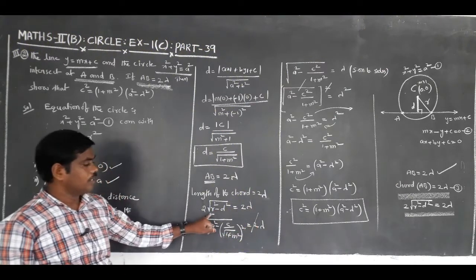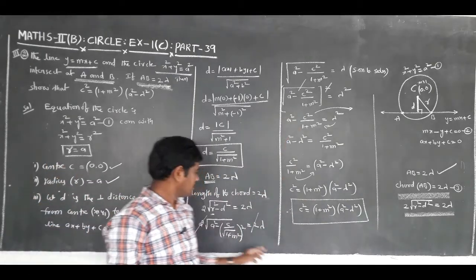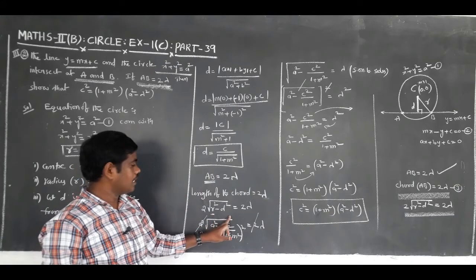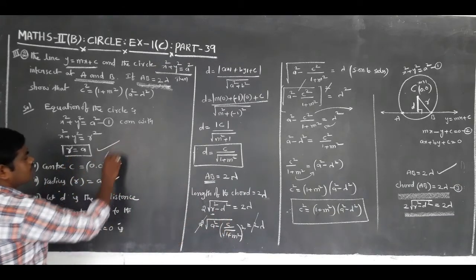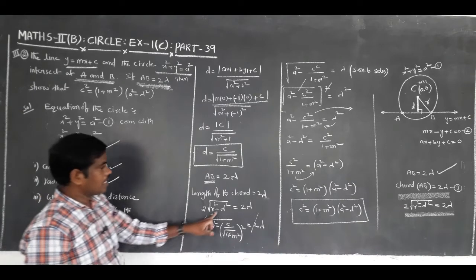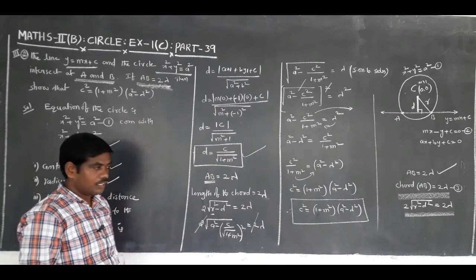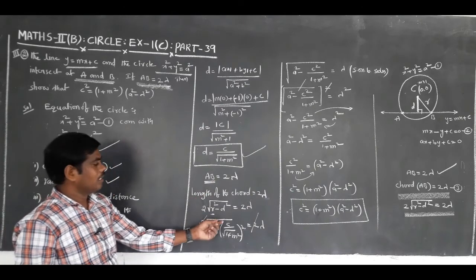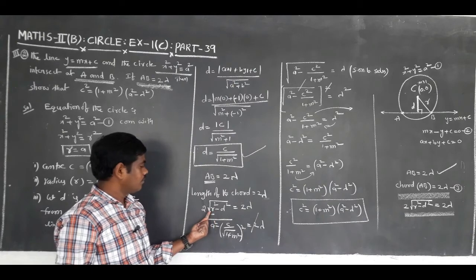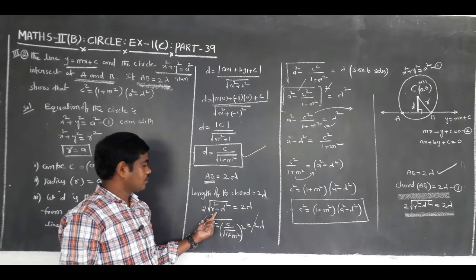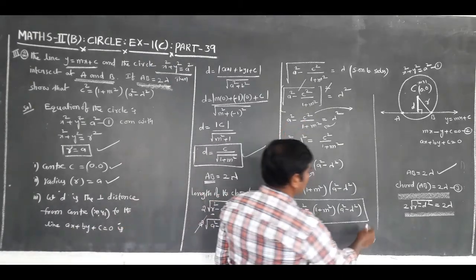Substitute r and d values and simplify. Here r means the radius of the circle, and d means the perpendicular distance from the center to the line. Substitute the length of the chord, 2 into under root of r square minus d square, and simplify. This is the flow.